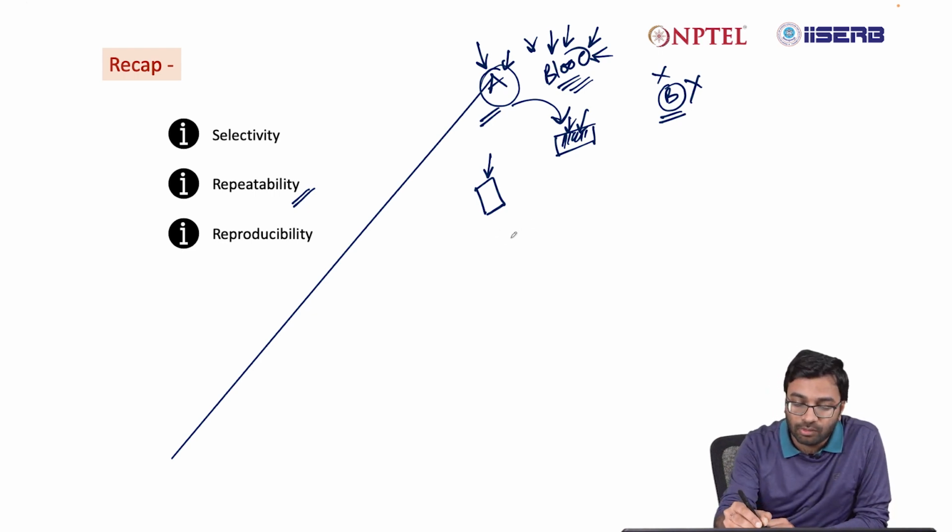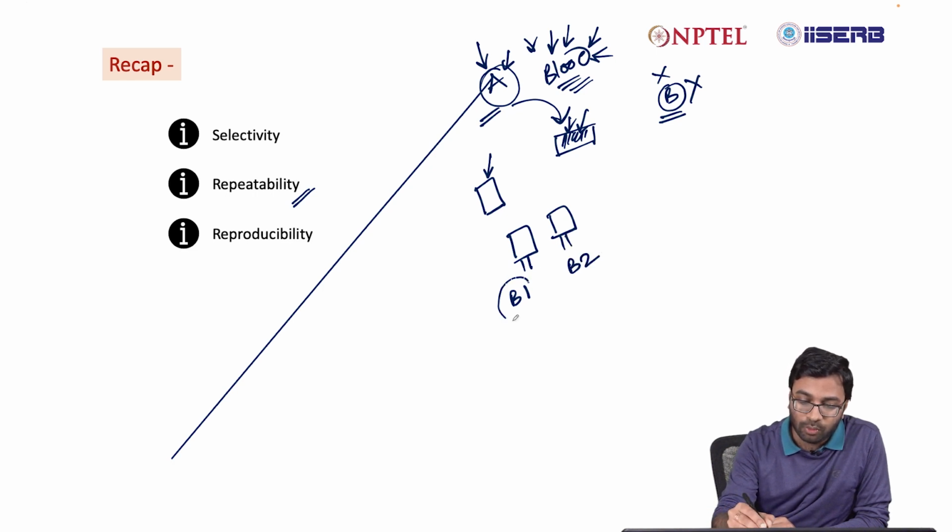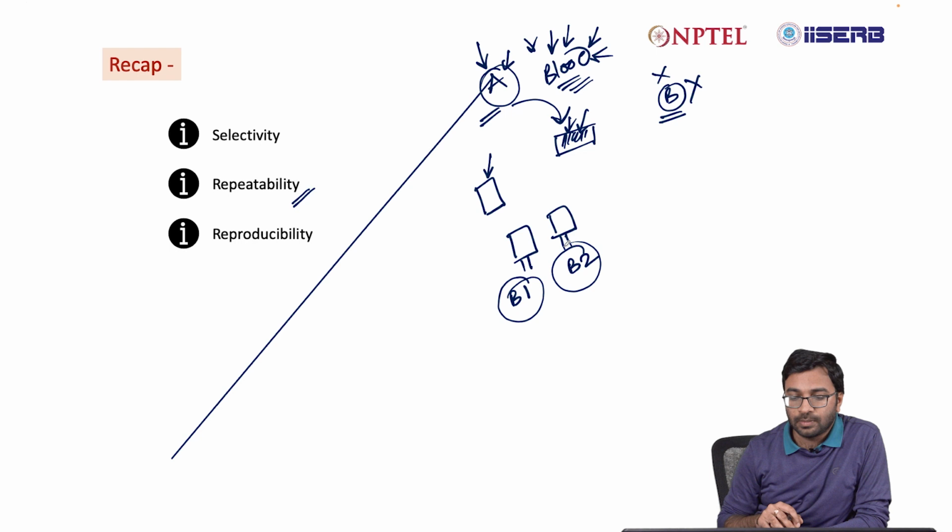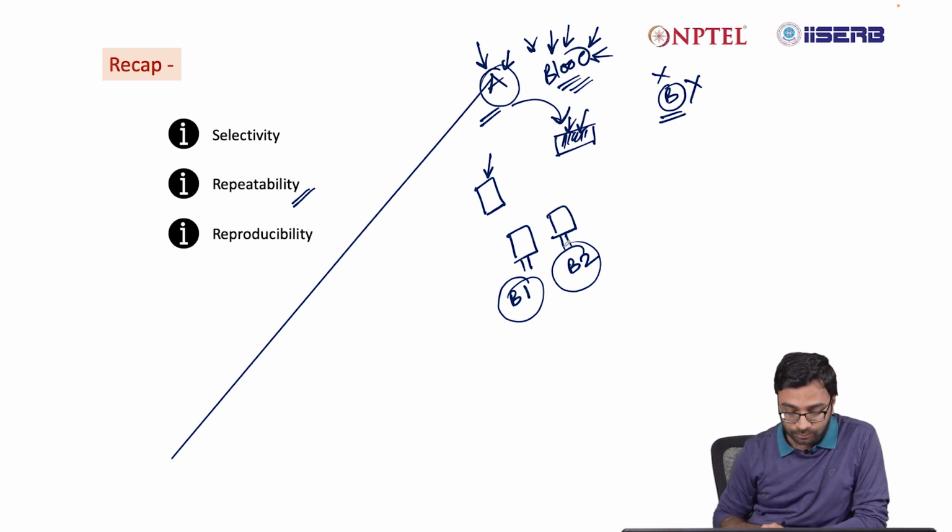For example, if you have a sensor which you have prepared in batch 1, and the same sensor that you have prepared in batch 2, if both these sensors are providing you the same output for the same input value, then you can say that your sensor is reproducible.